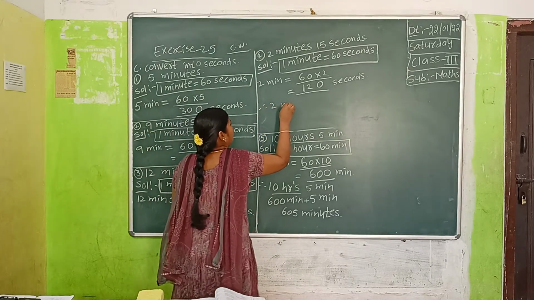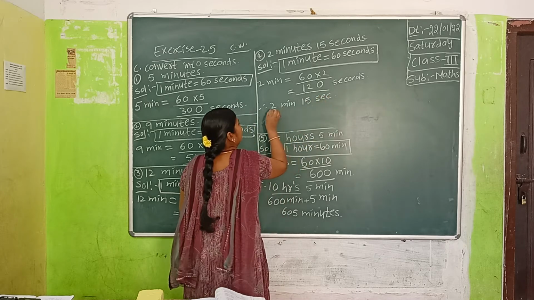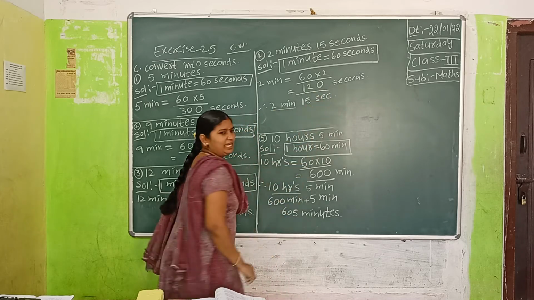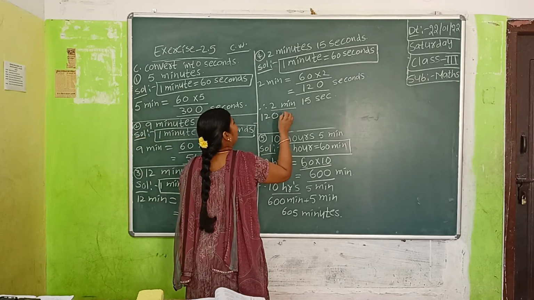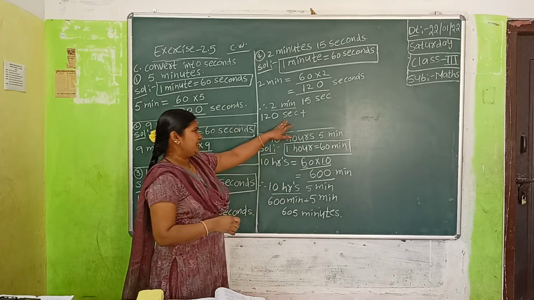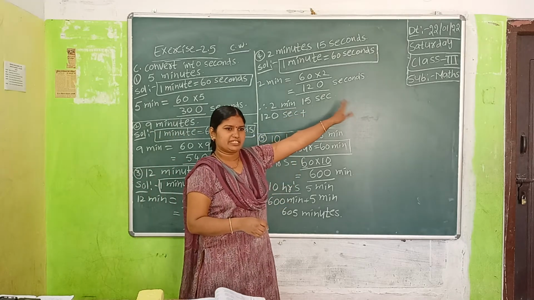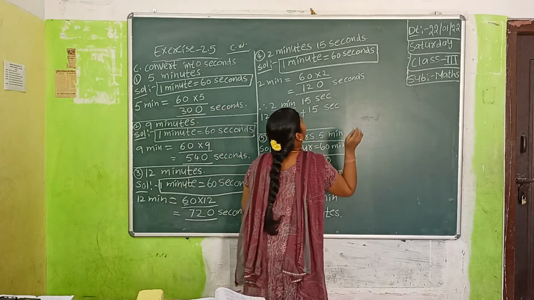Now write down the given question. Therefore 2 minutes 15 seconds. This 2 minutes place I am writing the seconds value. What is the seconds value? 120 seconds. Here also it is in seconds. This one also in seconds. I am going to add these two same-unit numbers.